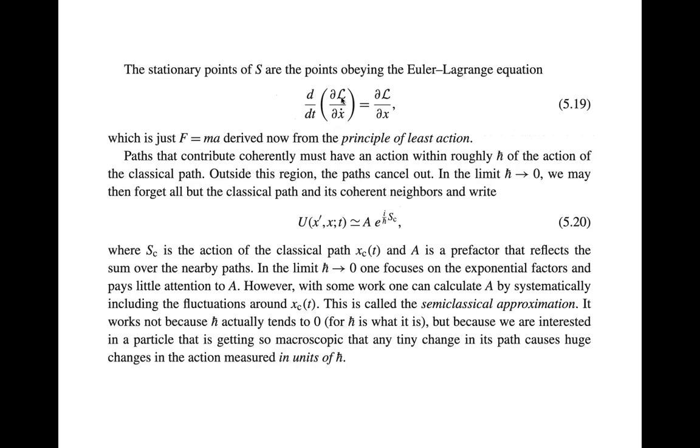So if you express this equation, this is nothing but F equals ma. This is just F equals ma. How to see it? This defines the classical path of a particle moving in one dimension under the potential V(x), right?